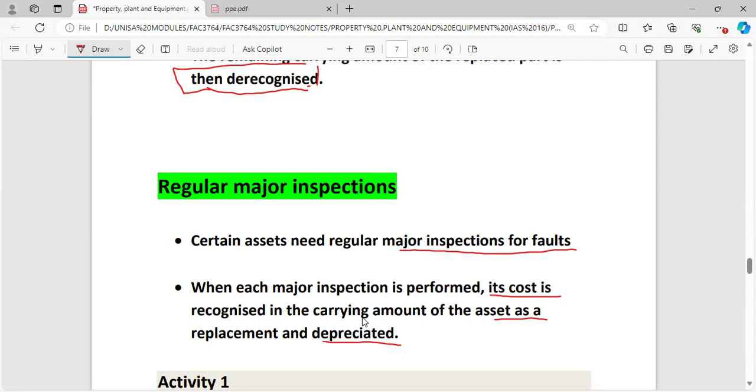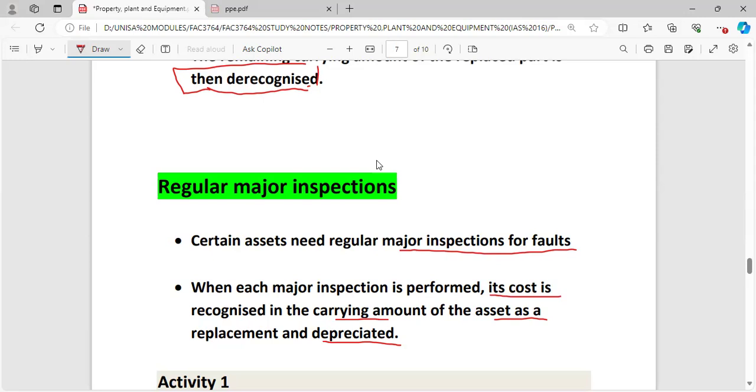So here again, we separate the asset and the replacement so that we can depreciate them. The reason why we separate them is that the useful life of the replacement is shorter than the useful life of the asset.